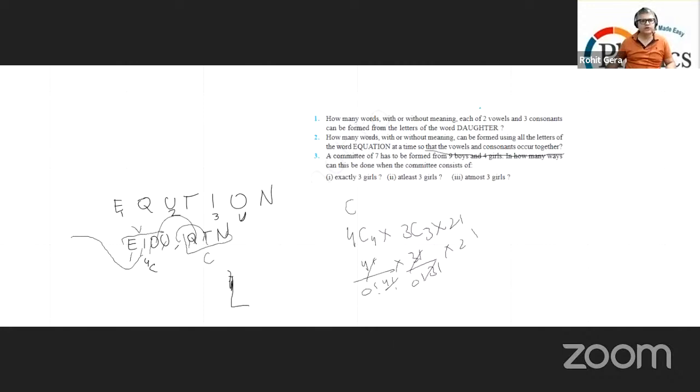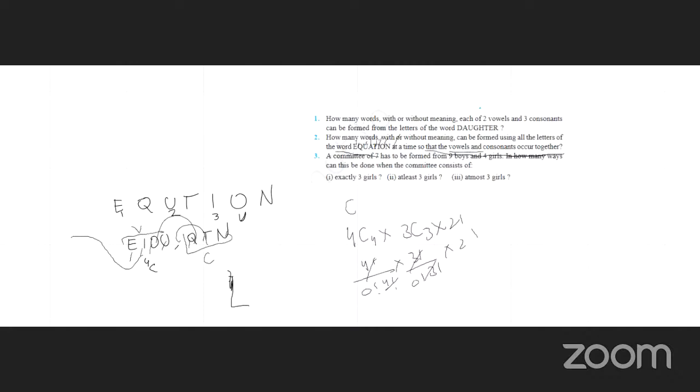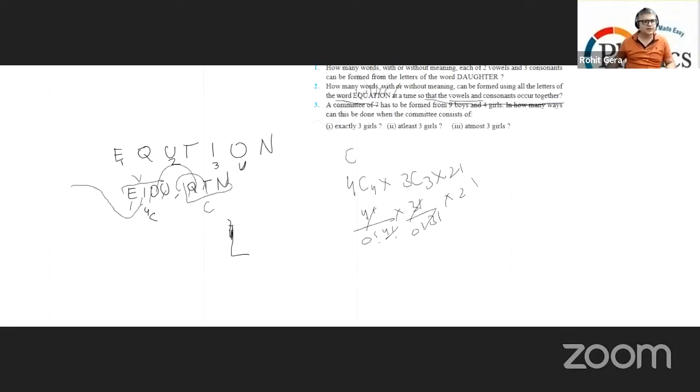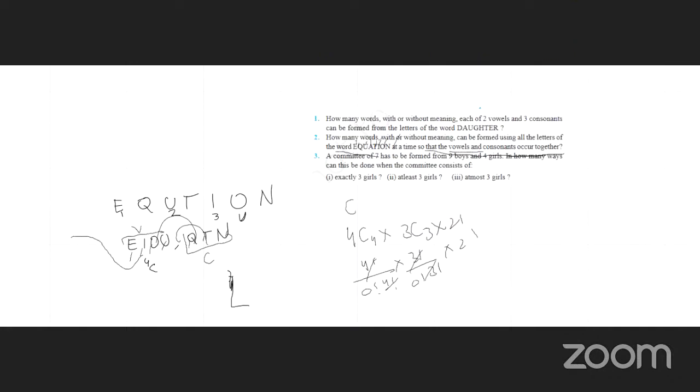How many words with or without can be found using all the letters of the word at a time so that vowels and consonants can stick together? 1, 2, 3, 4, 5, 6, 7, 8. You don't have 8 at all. One minute, it is 8. I removed the A.